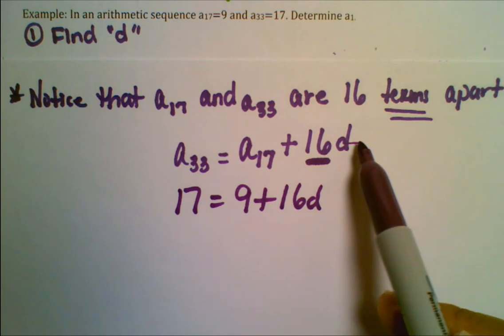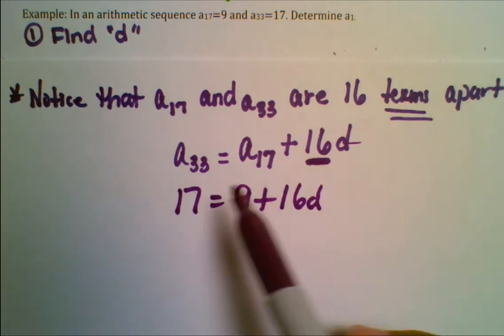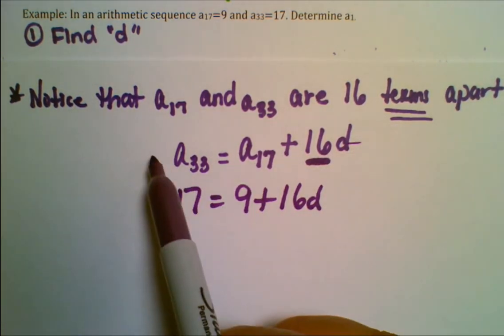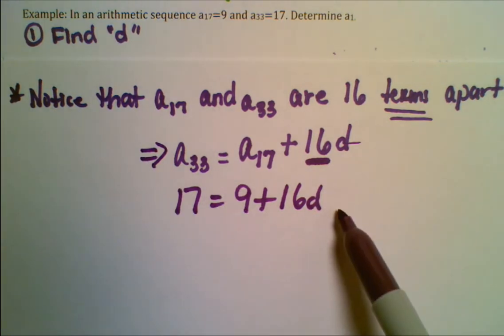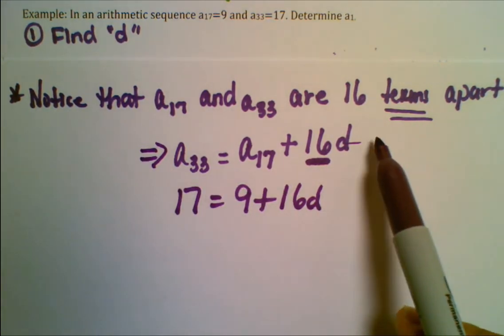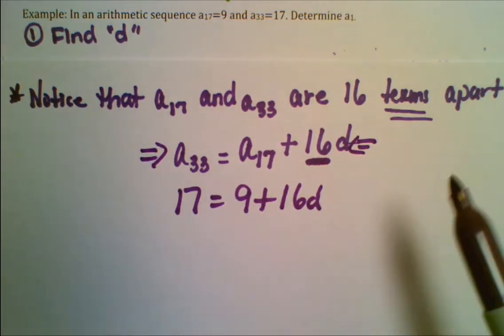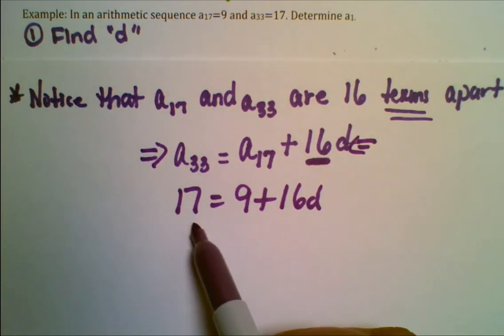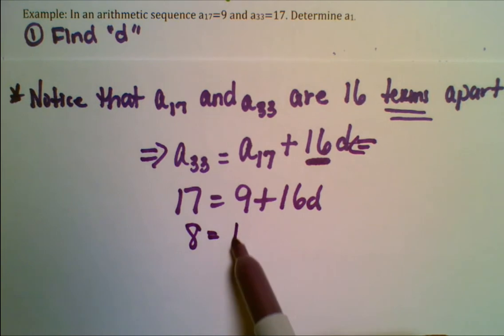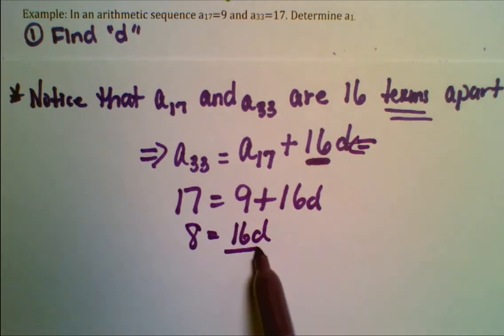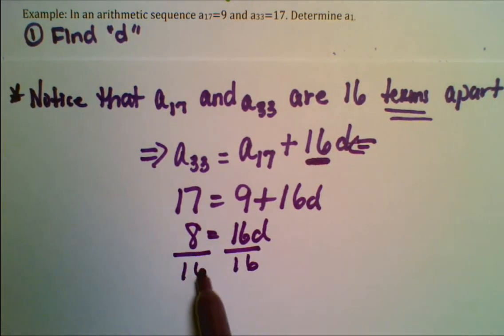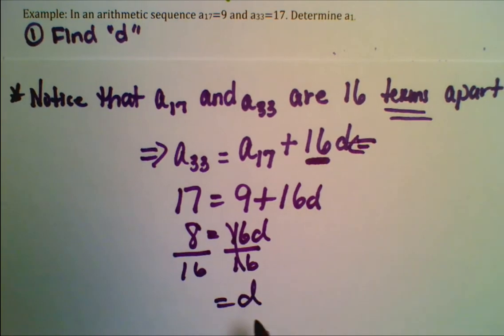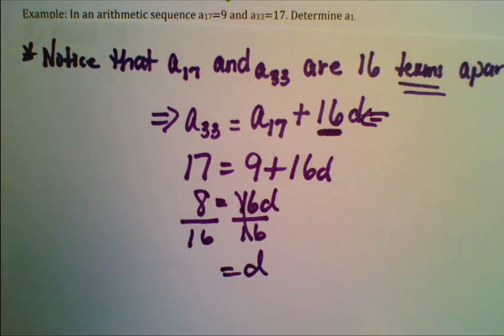This is how we initially have to set up the equation to find D. And then we go ahead and solve it. Subtract 9 from both sides. We have 8 is equal to 16D. Then divide by 16, and we have D is equal to 1/2. So now we have D.